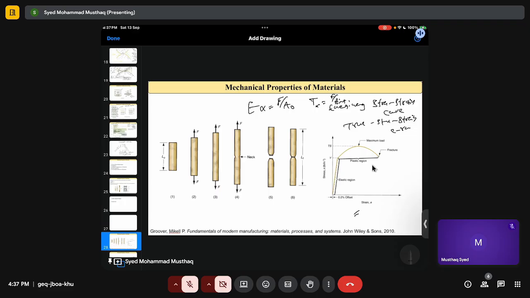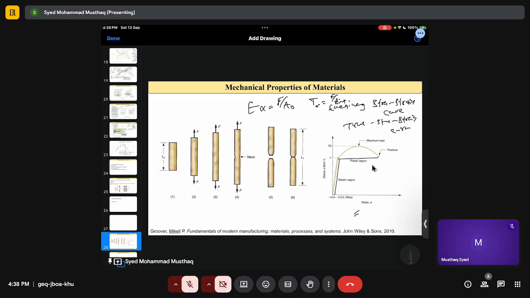So we mostly use the engineering stress strain curve because that is easy to visualize and understand when compared to the true stress strain curve. Okay. True stress strain curve is mostly used for industrial purposes. At basic level understanding, you can use anything, but people prefer engineering stress strain.